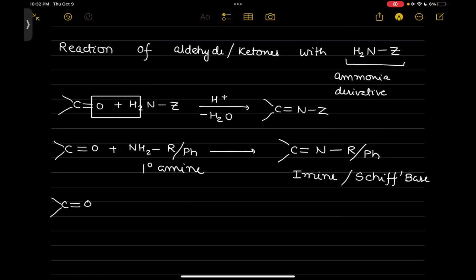In this class of reaction, the Z is OH. So Marwa, can you tell me what is the name of this reactant?